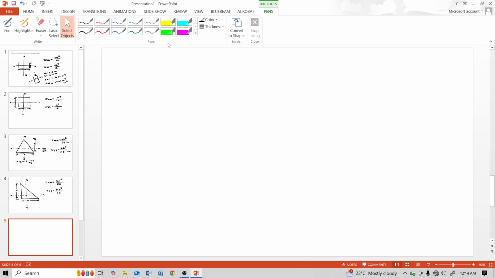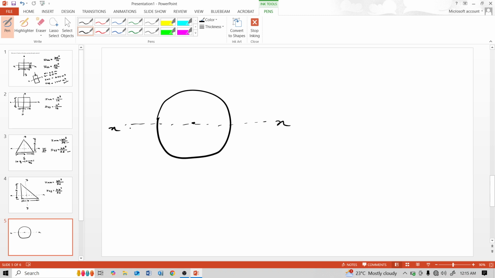Now next is circle. Let this be a circle with centroid at center, XX horizontal and vertical YY.